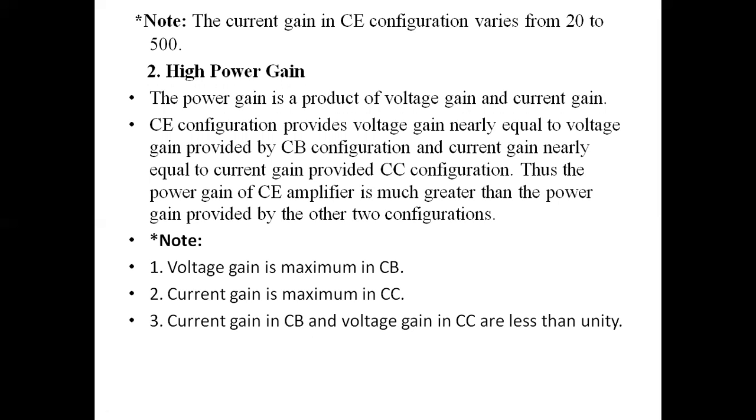The voltage gain is maximum in the common base configuration, and the current gain is maximum in the common collector configuration. Current gain in common base and voltage gain in common collector are less than unity. But in the common emitter configuration, the current gain varies from 20 to 500.